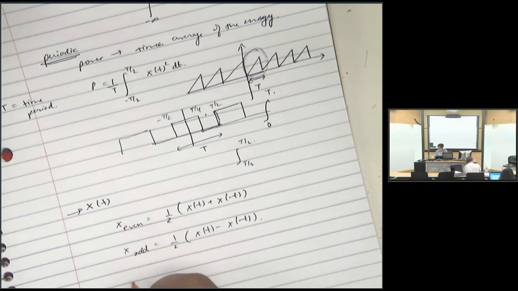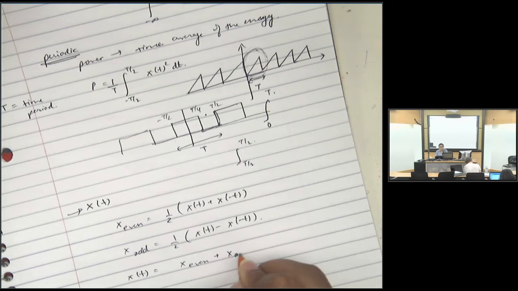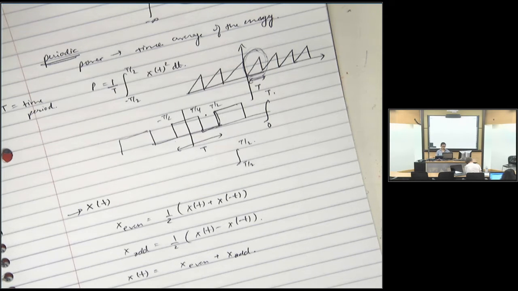And then x(t) is just a sum of x even plus x odd. Right, so I'll just show you an example of this in MATLAB.